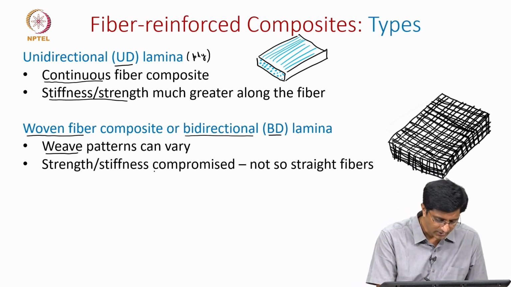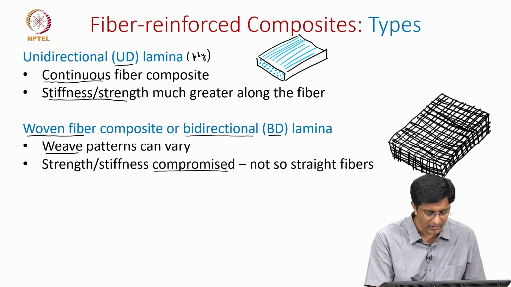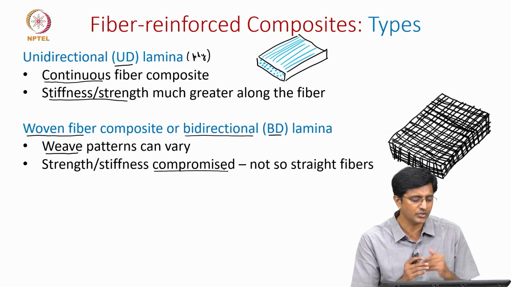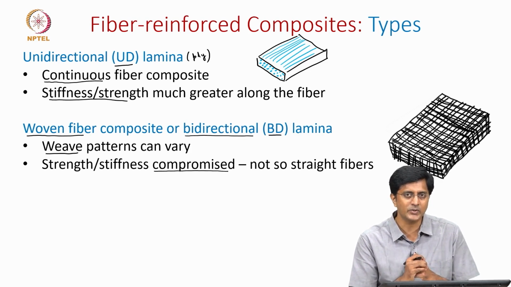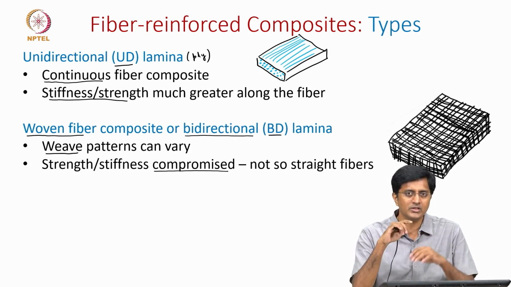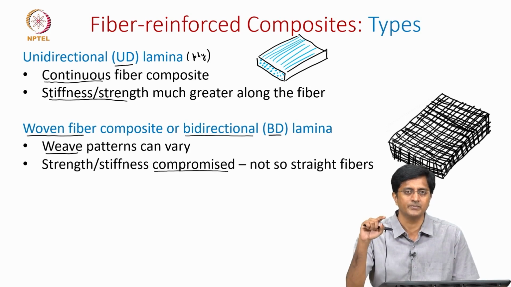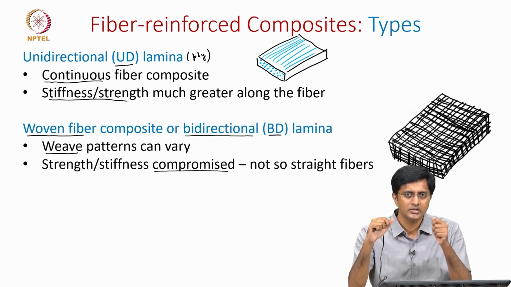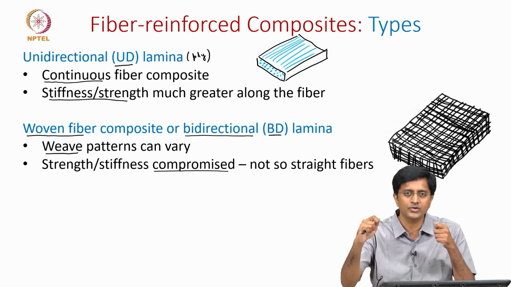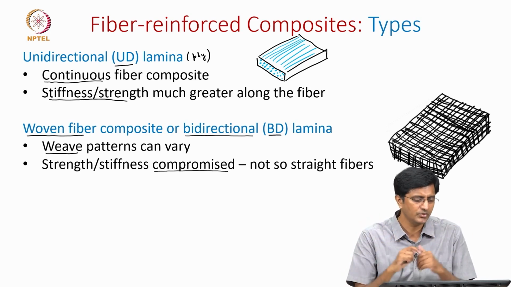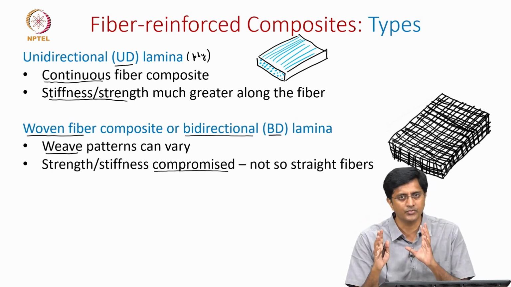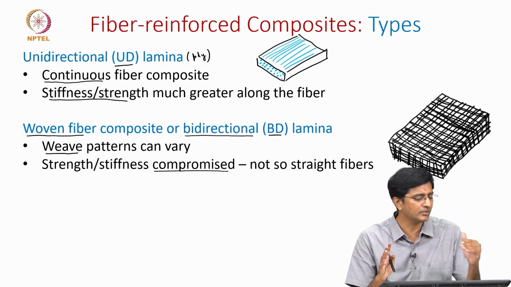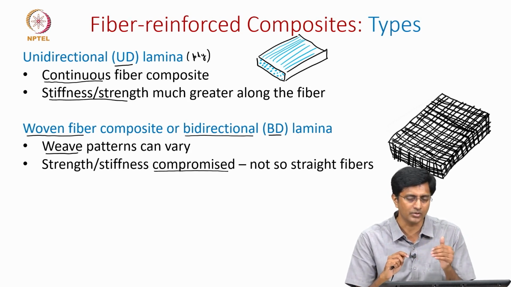We see that the properties are a little compromised compared to the unidirectional. The reason is because of the weaving, these fibers are no more straight. Since they are no more straight, the properties along the length of the fibers are a little less compared to the unidirectional lamina. So, if you are just looking at the mechanical properties, then the unidirectional laminas are good.